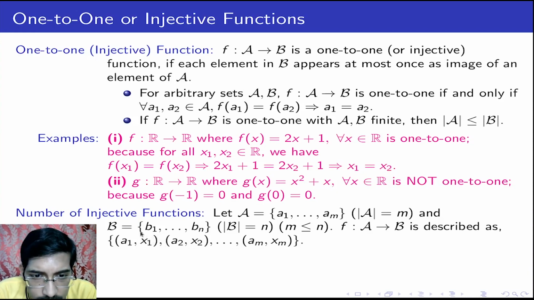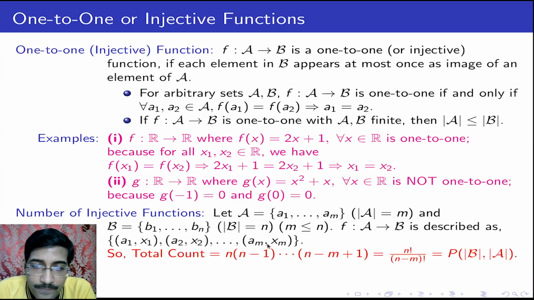Now, if for the first element A1 we associated B1, then for the rest from A2 to Am, I cannot use B1 anymore, because that will violate my 1 to 1 principle. So I have n minus 1 choices for the second one, n minus 2 choices for the third one, and so on. I have n minus m plus 1 choices for the last one.